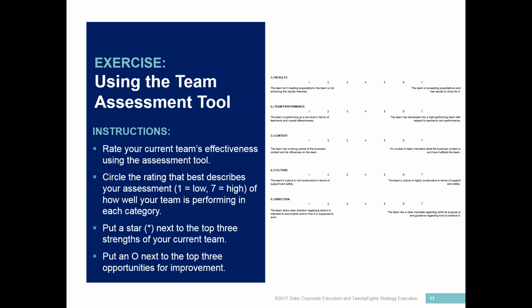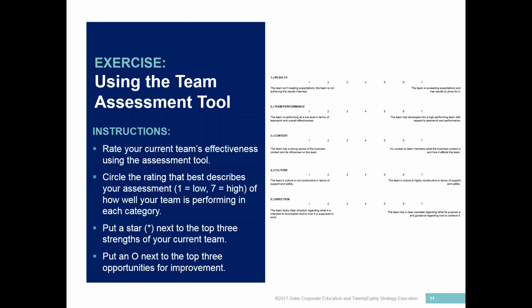We'll take a look at those in a minute, but the exercise allows them to reflect on the 9 different dimensions and give each one of the dimensions a rating based on their own reflection on their team, from a score of 1 being low to a score of 7 being high. Then the student will put a star next to the top 3 strengths of their current team, and they'll put an O next to the top 3 opportunities for improvement.